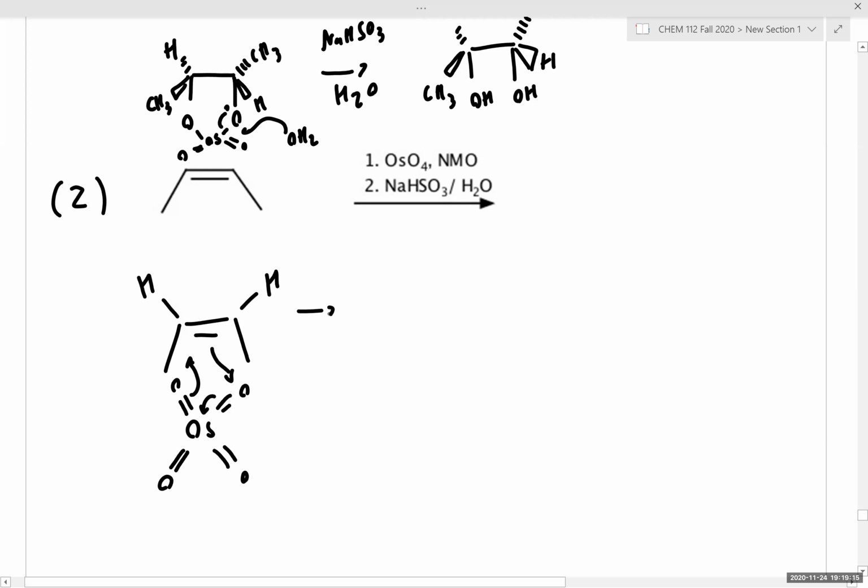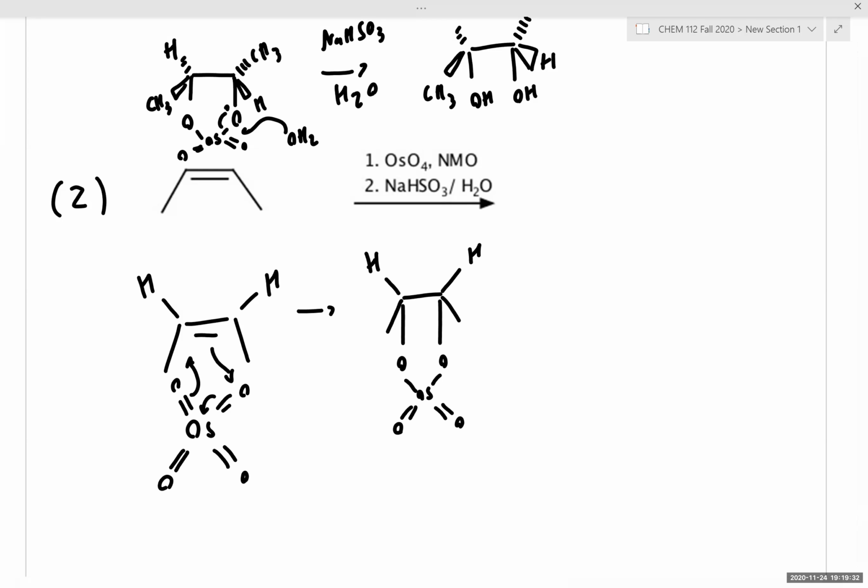And that in turn gives us the osmate ester. And now looking at the stereochemical outcome for this process, we have our Z alkene.